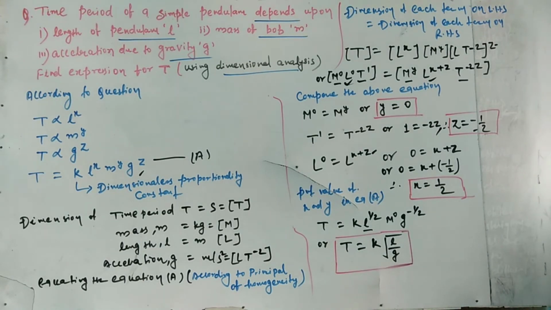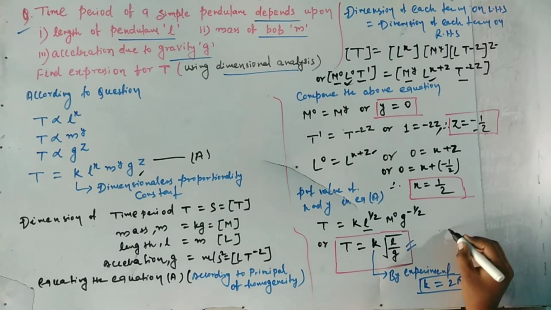So this is the equation for time period, and this equation is also correct. You can leave this equation here according to the question. If you want to take the equation forward, by experiment the value of K is equal to 2 pi.